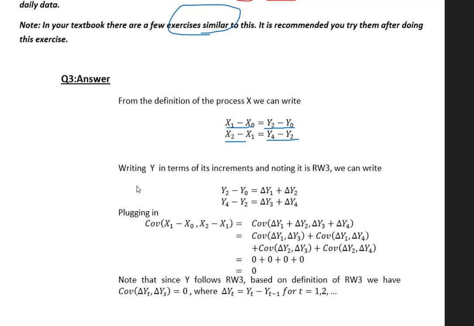Now, going one step further, we write y in terms of its increments, noting that it is RW3. The point is, why do we do this?